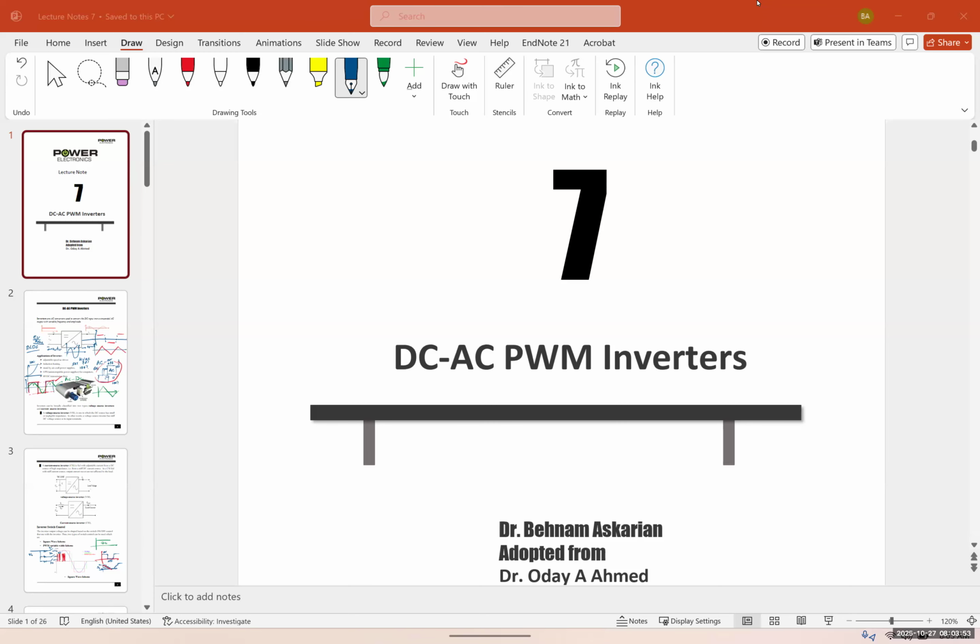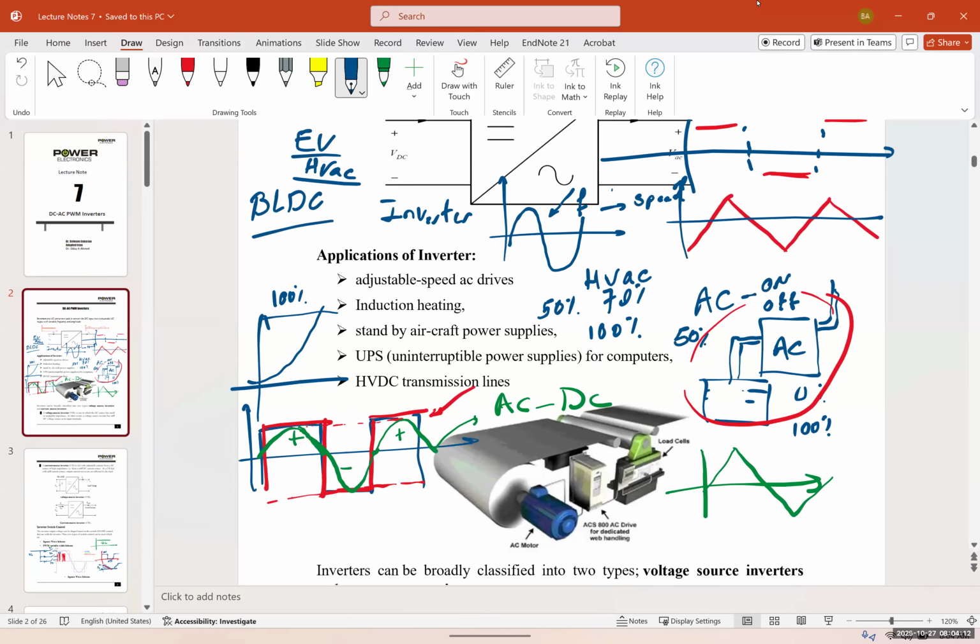In the previous class, we started the DC to AC inverters, specifically the PWM inverters. And as I mentioned, usually the DC to AC converters are called inverters. I explained some of their applications, for example, for controlling AC motors, UPS, HVDC, and renewable energy for solar and wind.